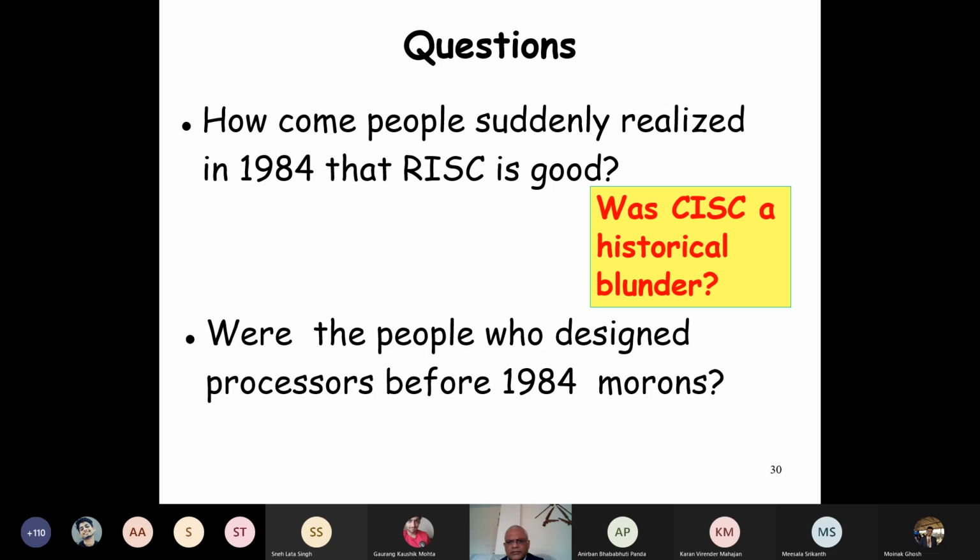Better do it in hardware. You just have one instruction per sort. Why write the program for sort? Why write the program for search? Because they will take a lot of code, and that will take memory space, and memory space is very scarce, so better do it in hardware. That was one of the reasons.